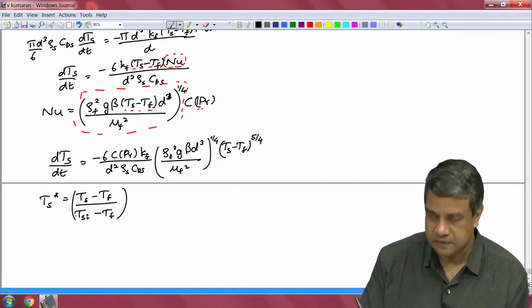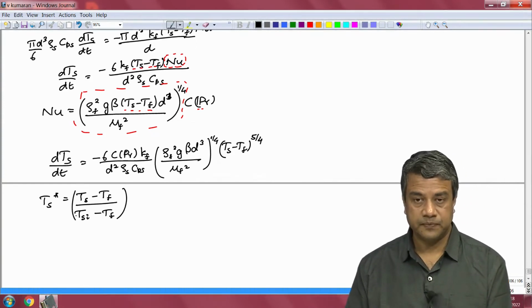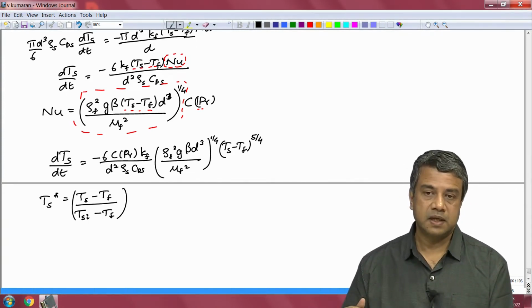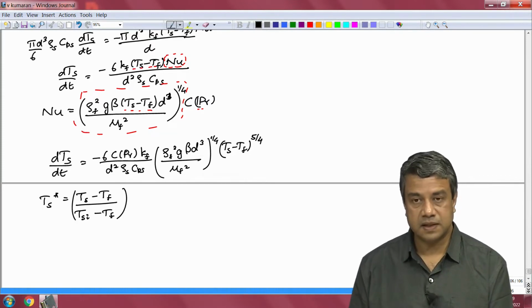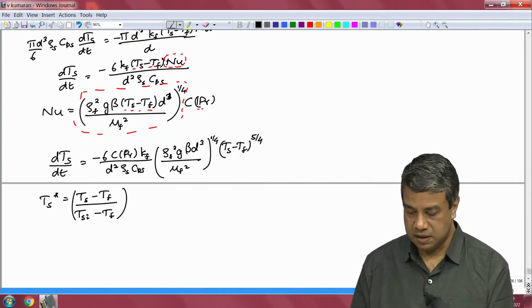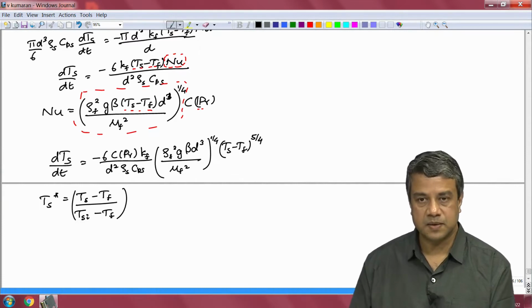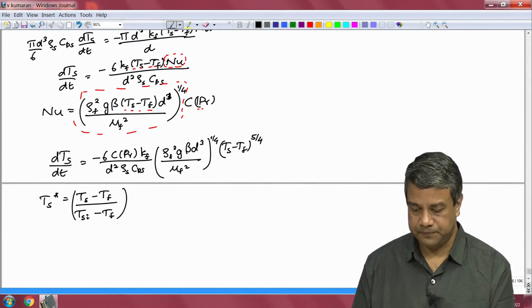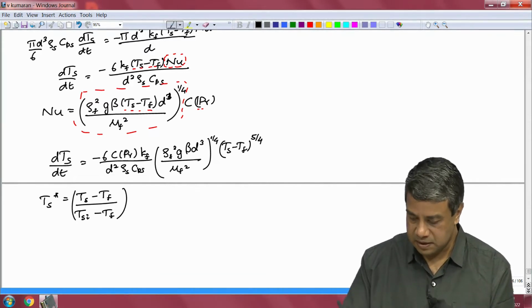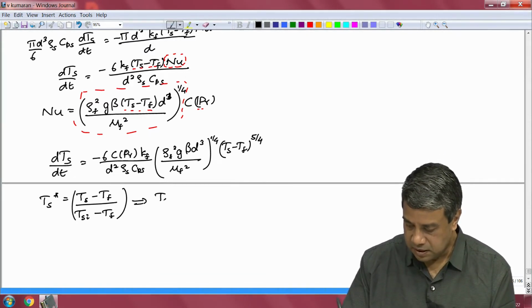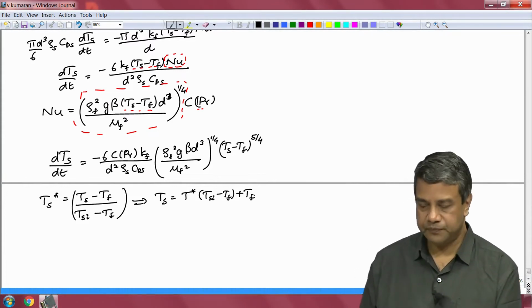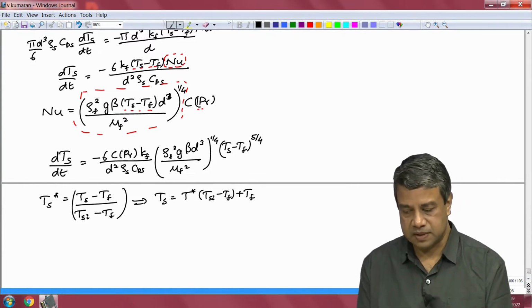So, let us say that the sphere had an initial temperature Tsi and the temperature at any time t was Ts, then I can define a scaled temperature, Ts minus Tf by the initial temperature minus Tf. And this implies that Ts is equal to Ts star into (Tsi minus Tf) plus Tf.